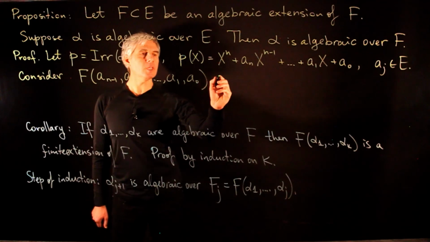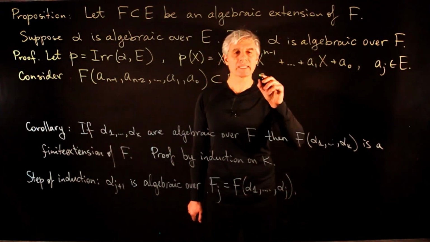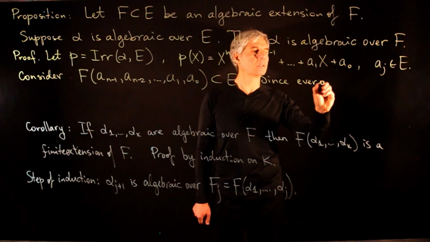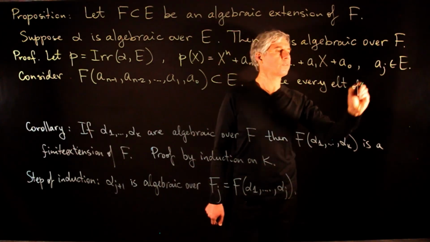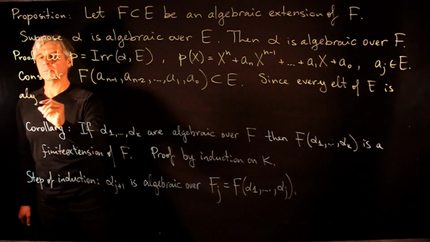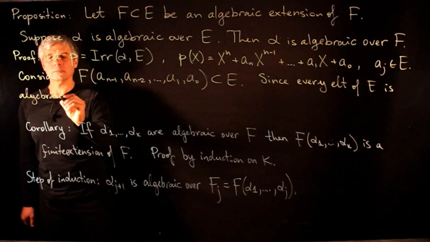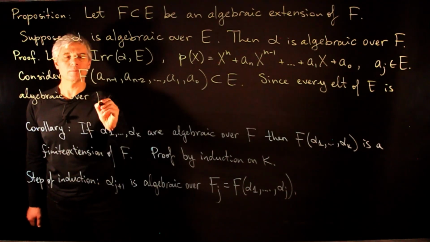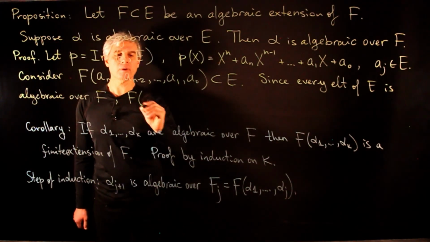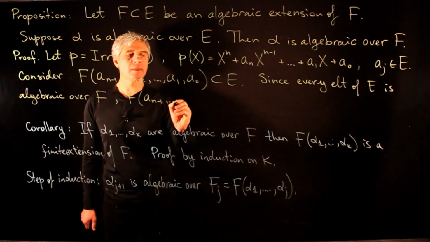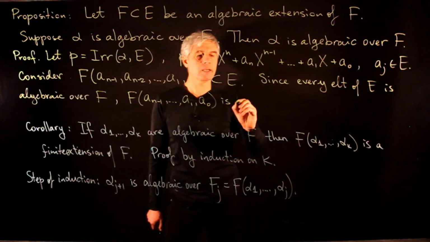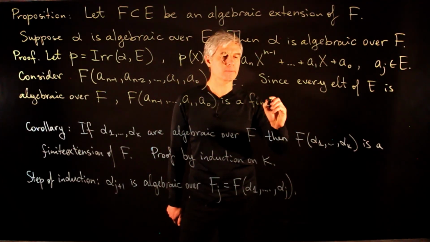This will be a subfield in E. Since every element of E is algebraic over F, by this corollary, F(a_{n-1}, ..., a1, a0) is a finite extension of F.